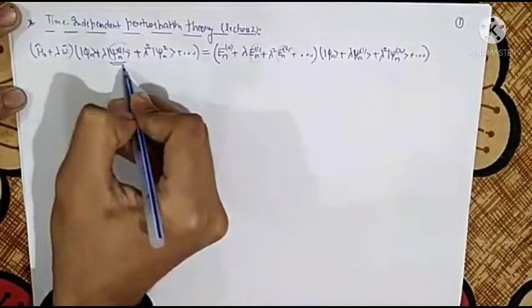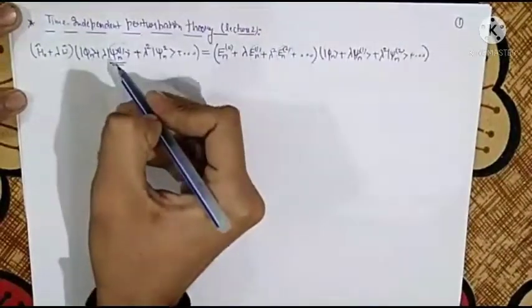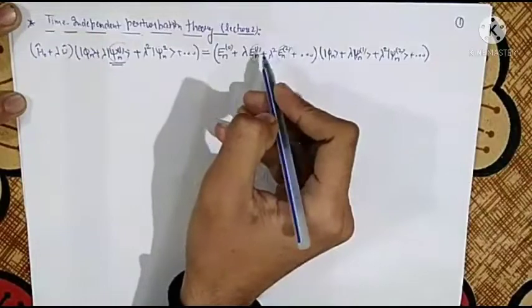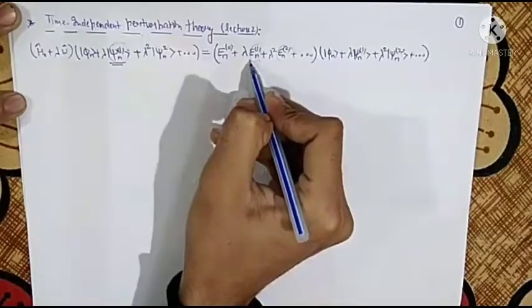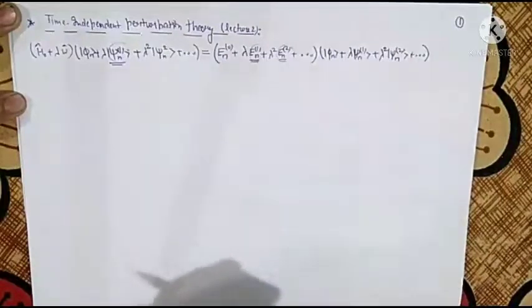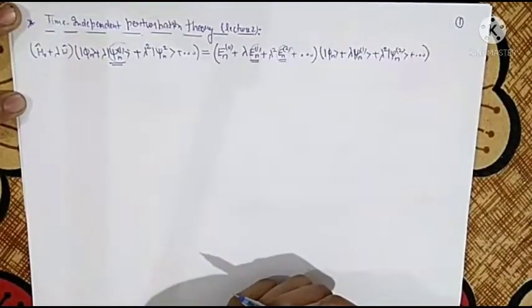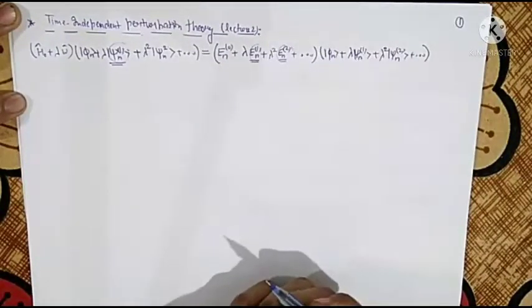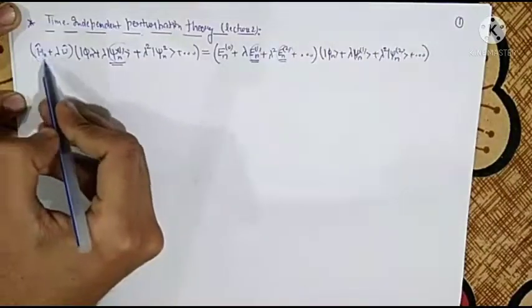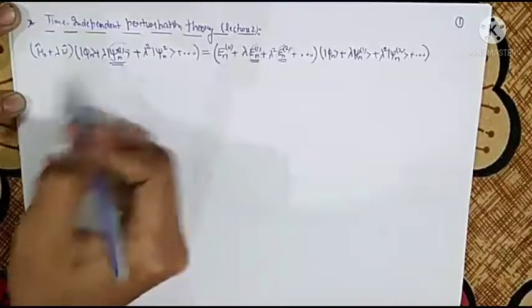This is the first quantity that we will calculate, and this is the aim of this particular derivation. This is the second quantity that we are looking for, and this is the third quantity that we are looking for. So it is just simple. You just have to act these operators on these particular states.